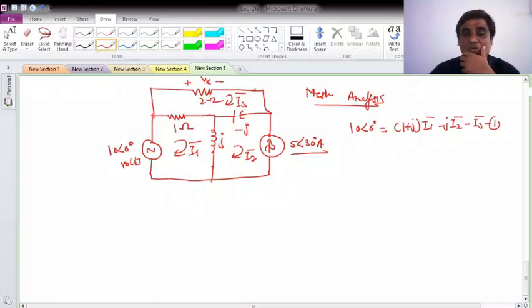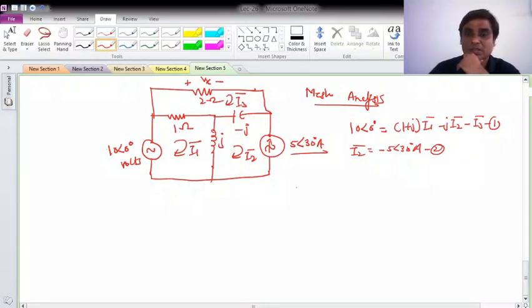Okay, and what is the mesh current I2? Because here a current source is already present, no need to compute directly. I2 phasor will be the reverse of our considered direction, so it will be minus 5 with angle 30 degree ampere. So the second mesh current is solved.